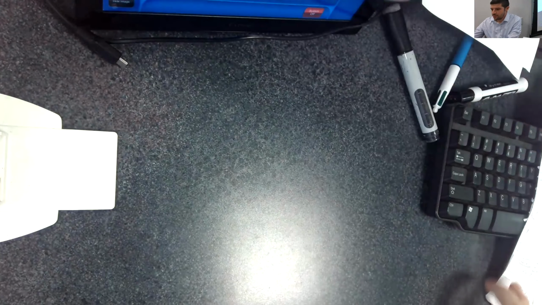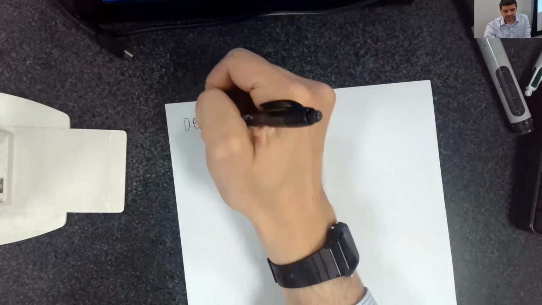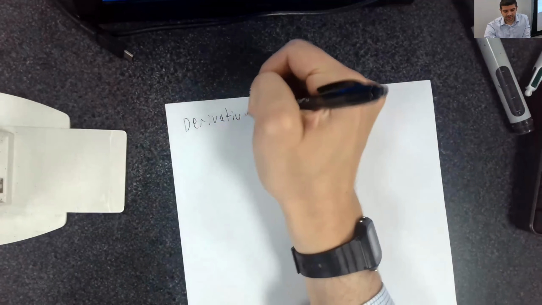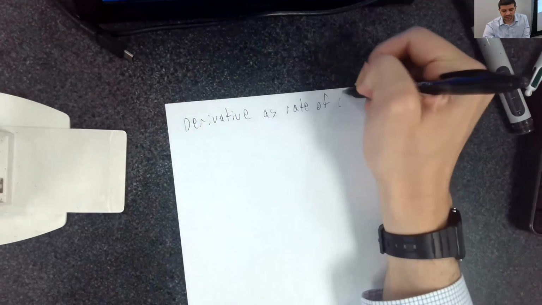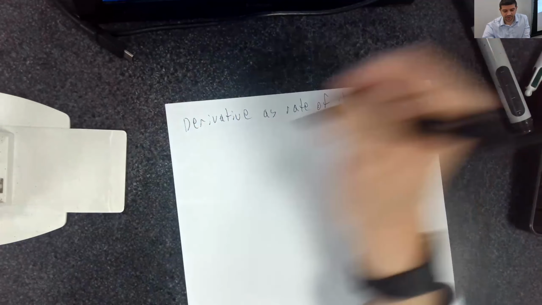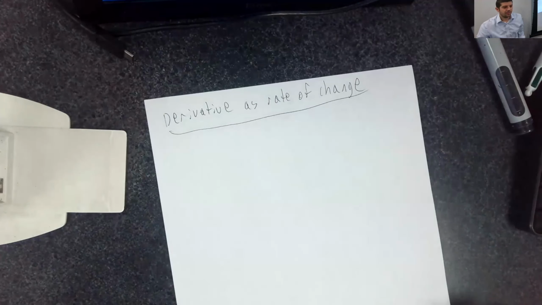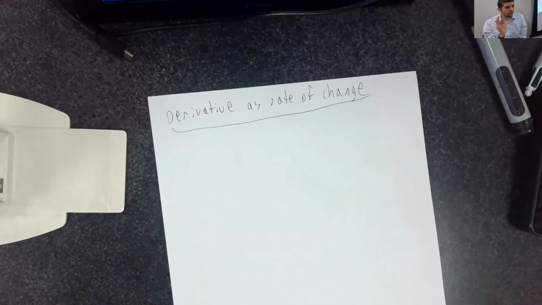Okay, conceptual thing in this section: the derivative as a rate of change. This is a conceptual thing that you guys need to know for this section. We saw how the slope of a curve gives us the rate of change of the curve, how fast the curve is increasing, how fast it is decreasing.